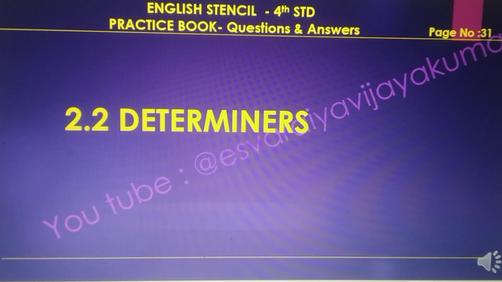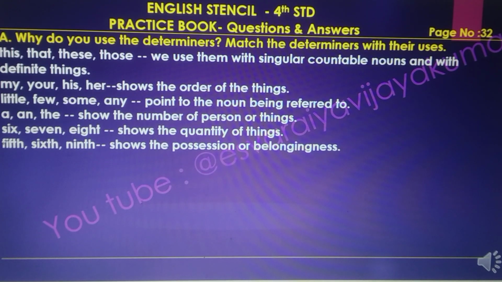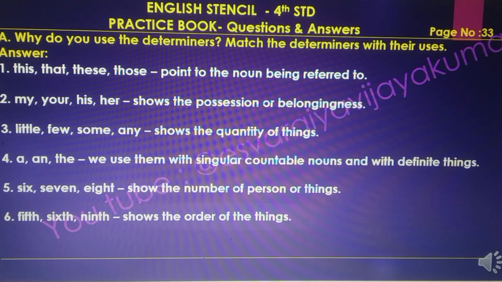Now 2.2, determiners. Here are the questions and here are the answers. This, that, these, those point to the nouns being referred to. The second: my, your, his, her show possession or belonging.